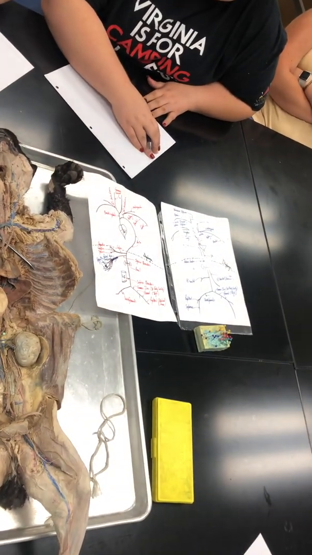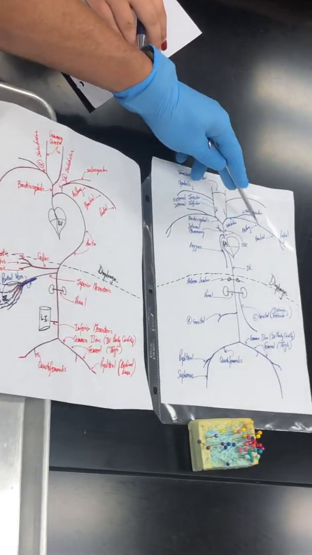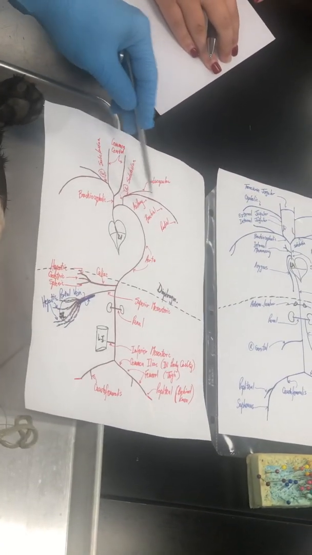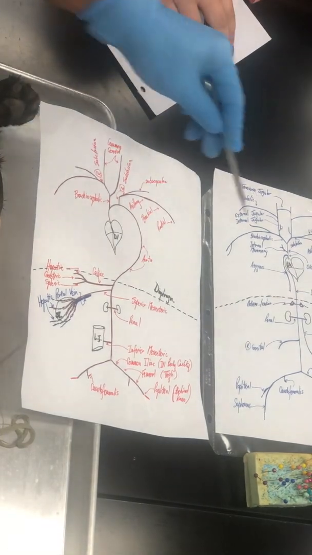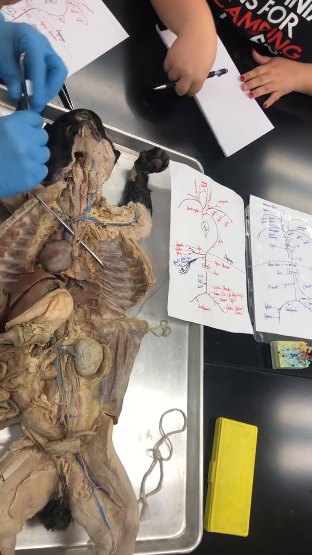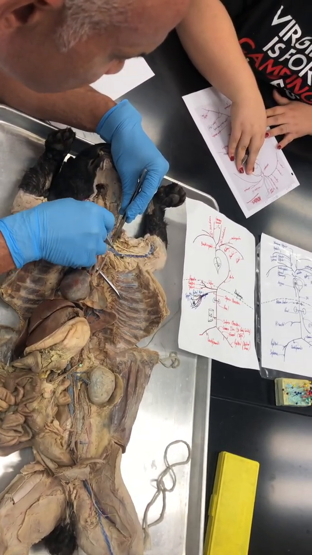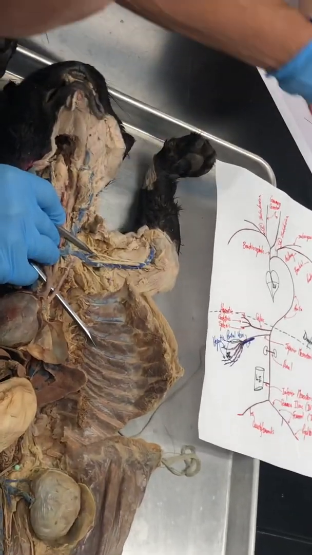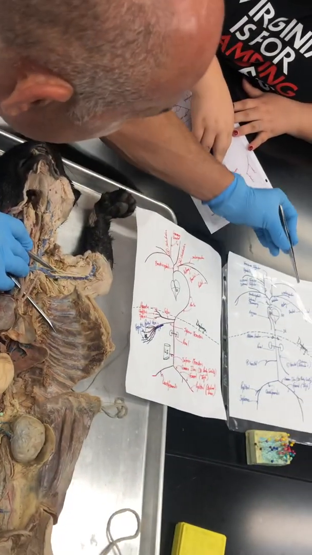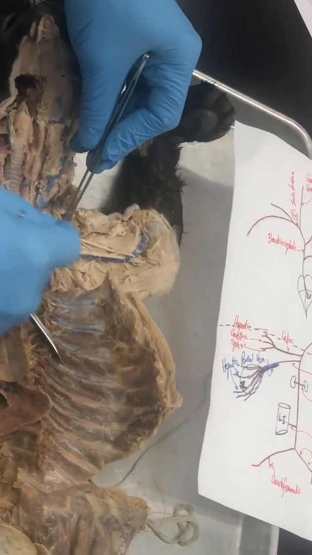So there we see right there with the veins last time: subclavian, axillary, brachial, radial vein. Tonight: subclavian, axillary, brachial, radial artery. Same names, same names. Last time we had looked at the vein that came off the subclavian, and that was called the subscapular vein right there. And tonight there we have the artery that comes off right there next to it.